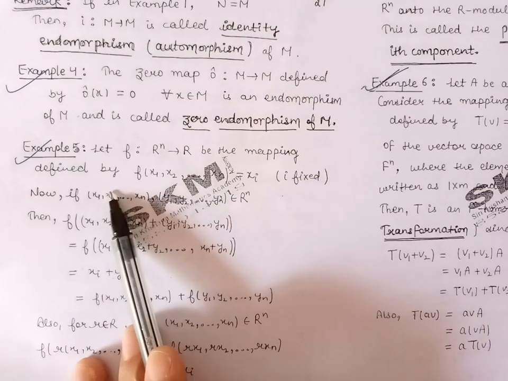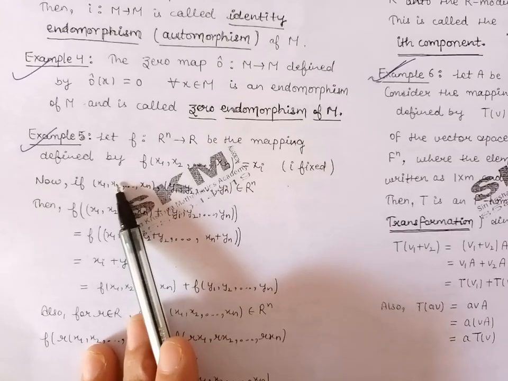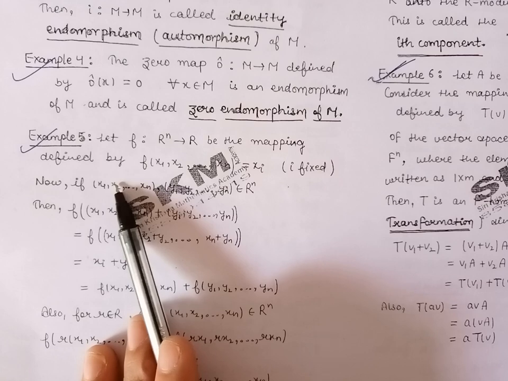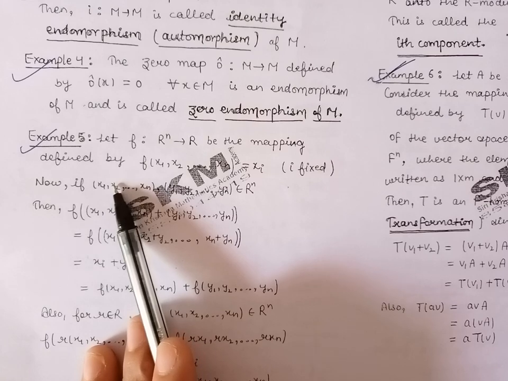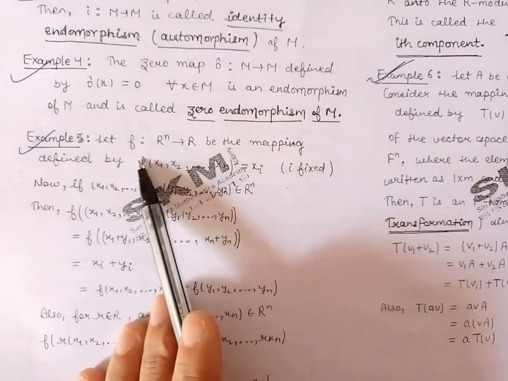Now our next example of homomorphisms is we will define a homomorphism which gives us projection of n-dimensional real Euclidean space onto its ith component. So let us define it.